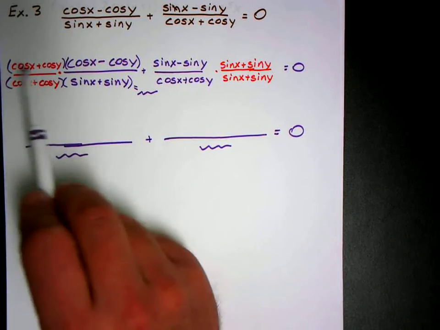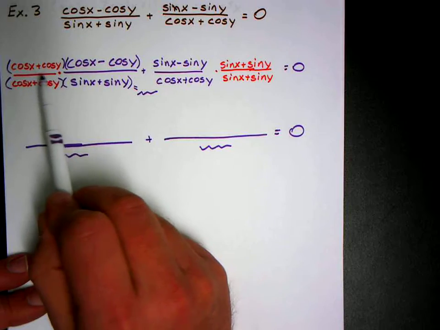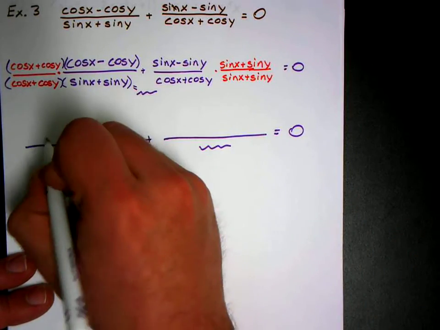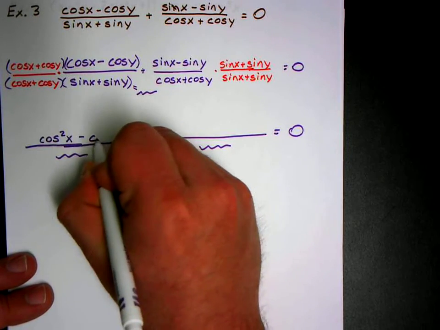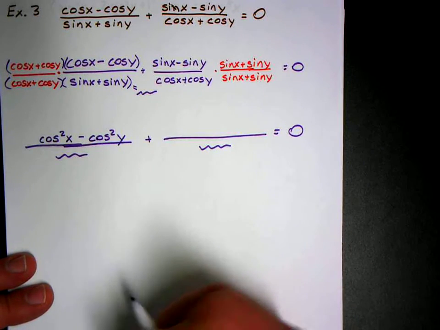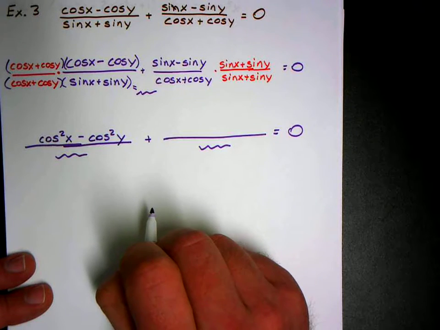Now notice up here, this is actually difference of squares. So I could FOIL it and multiply it all out, but it's just difference of squares. So this is just going to end up being cosine squared x minus cosine squared y. But we have to do the word. Difference of squares is the formula, I can use it.